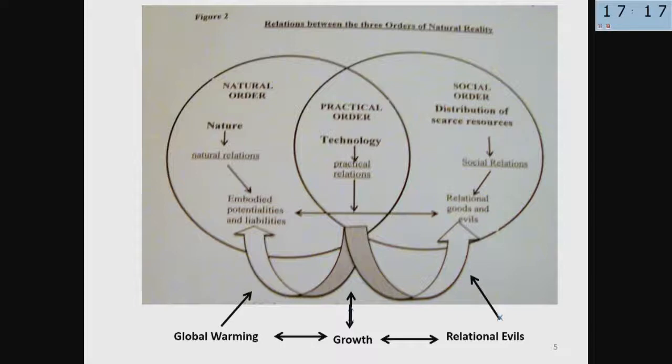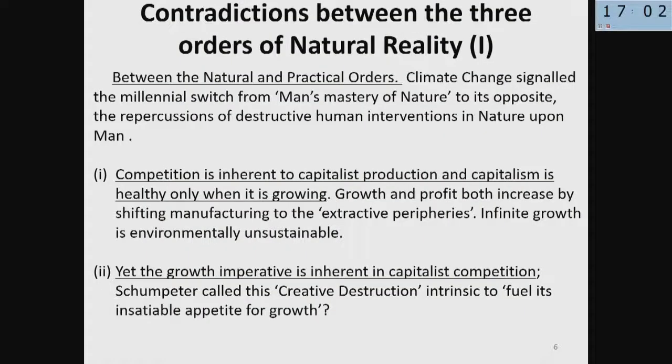In other words, capitalism, as Marx himself said, is only healthy when it is growing. Growth and profit both increase by shifting manufacturing to the extractive peripheries.